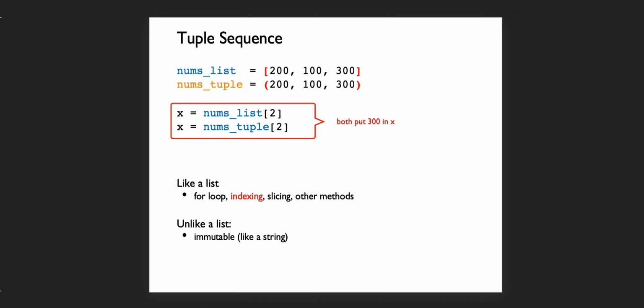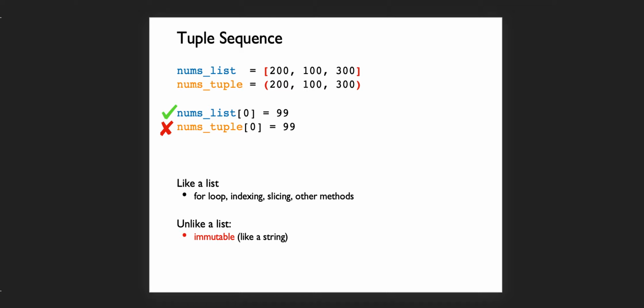So let's talk about the mutation operation. Using lists, you can say things like nums_list[0] equal to some other new value, whereas with tuples you can't do that, because keep in mind that tuples are immutable whereas lists are mutable.